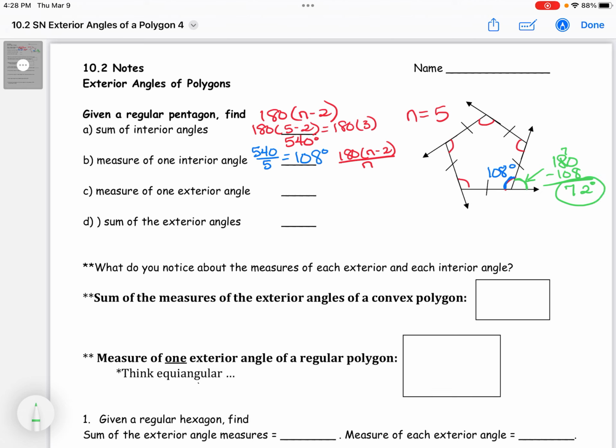And because all the interior angles are the same, all the exterior angles are also going to be the same. And how many exterior angles are there? There are 5. So one exterior angle is 180 minus 108, which is 72 degrees.